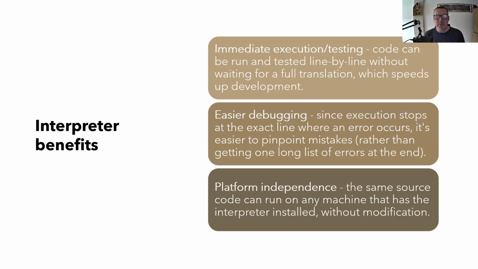It's easier to debug because execution stops at the exact line where the error occurred, so it's easier to pinpoint mistakes. If you compile and get a list of errors at the end, then you have to go back and find the point at which each one occurred. Whereas with interpreting, it's obvious. That's the line. You just got to that line and it doesn't work.